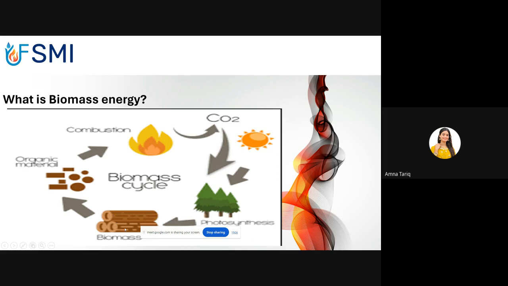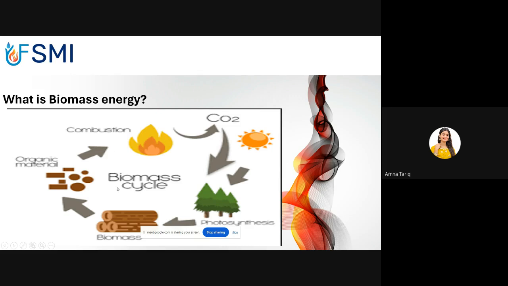This refers to organic matter used as an energy source, and decomposition. Organic material decomposes, which breaks down complex organic molecules into simpler organic molecules. This process is fueled by microorganisms like bacteria and fungi. So this is the cycle of biomass.